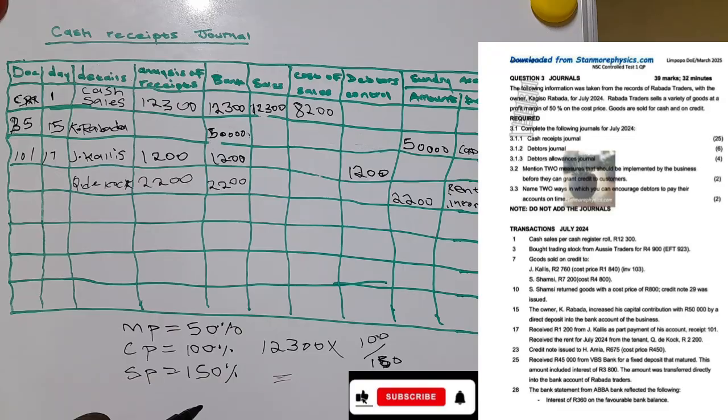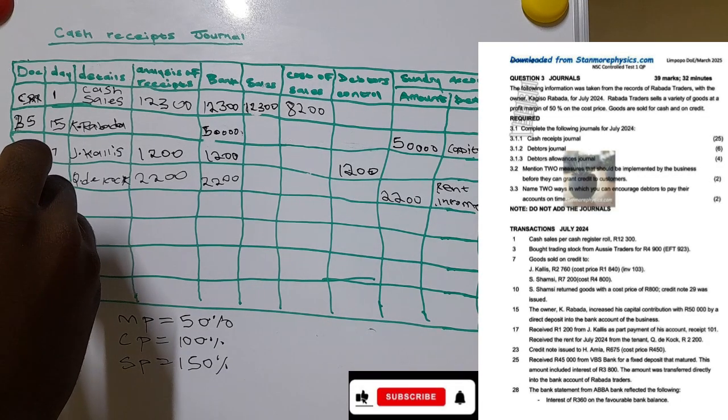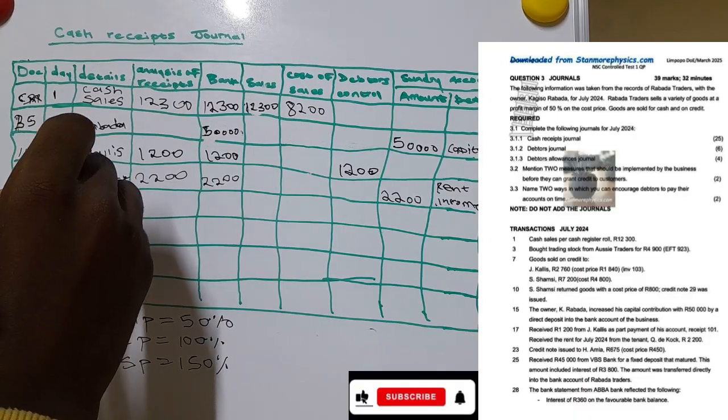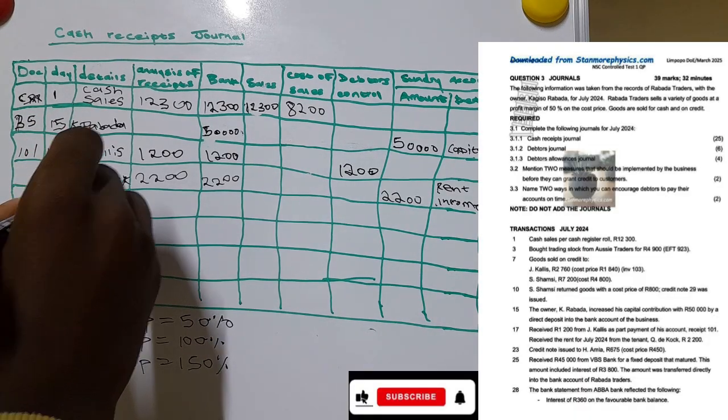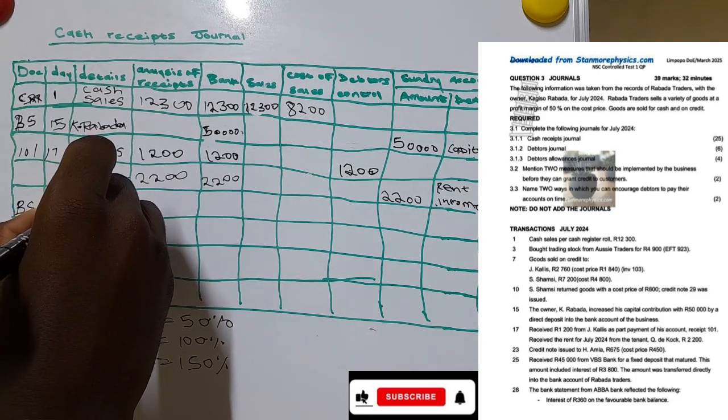The amount was transferred directly into the bank account of Rabada Traders. This one, our document number, we're gonna say it's BS, then date, it's 25, then our details, VBS Bank.